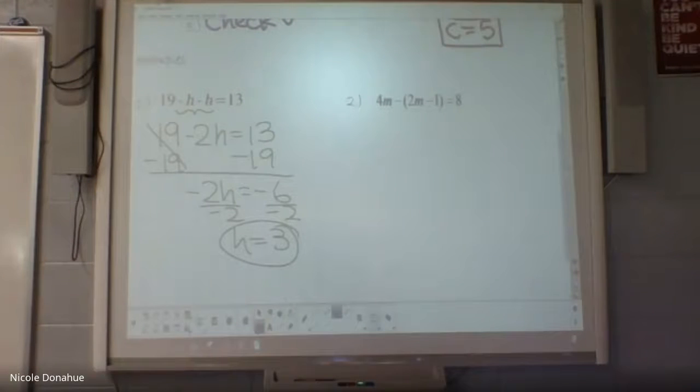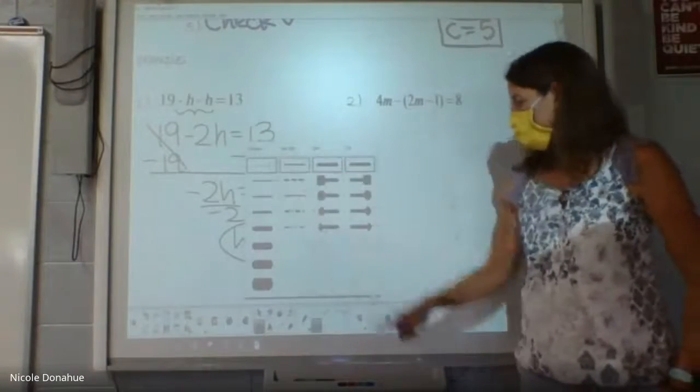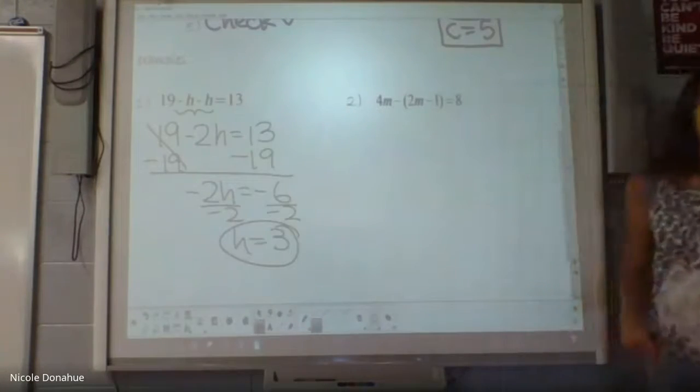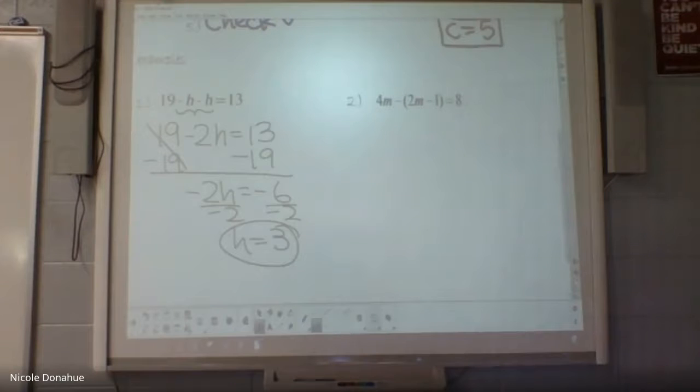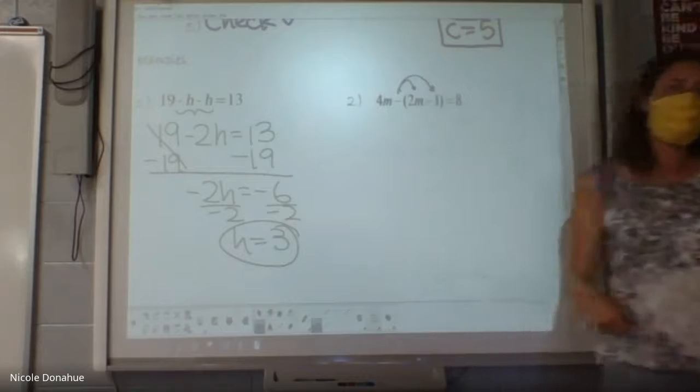Okay. All right. So next one here. What did you distribute in this case? This is where I saw people go wrong looking quickly. What should you distribute? The negative. So this negative has to be distributed. It's not the 4m, it's that negative 1 that's there.